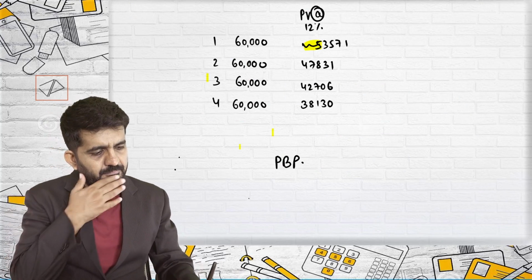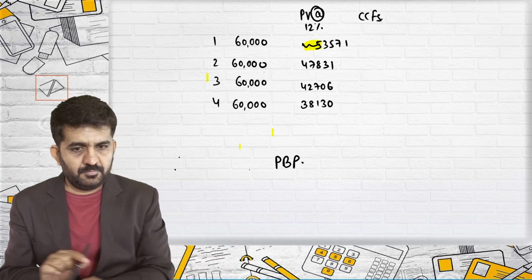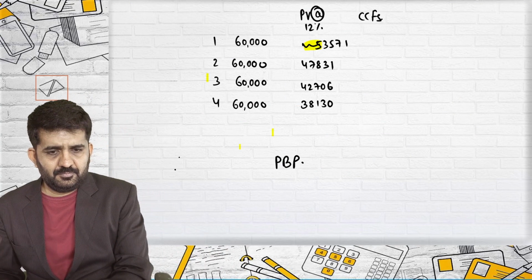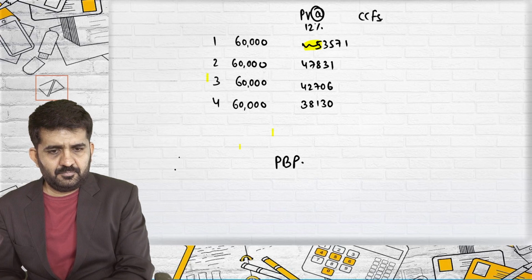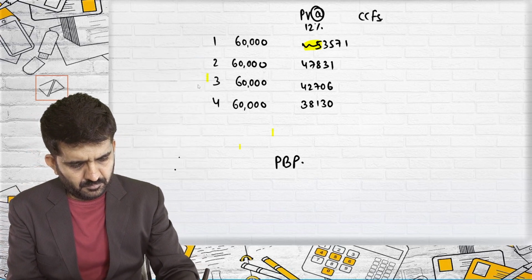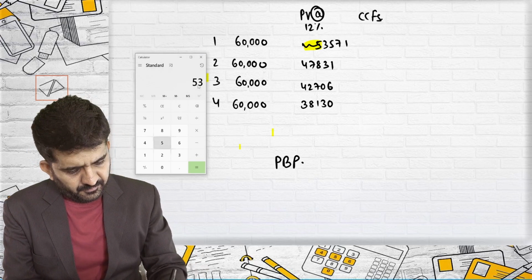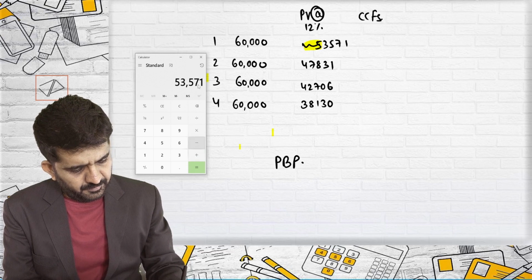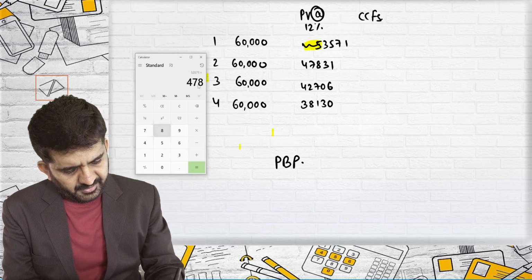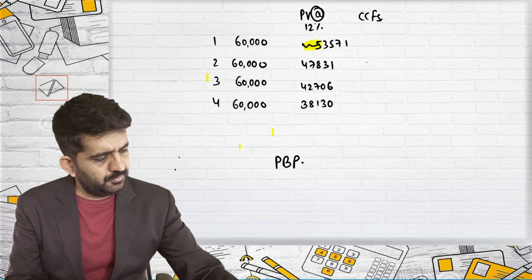I want to find out cumulative cash flows. 53,571 plus 47,831 is 101,402.